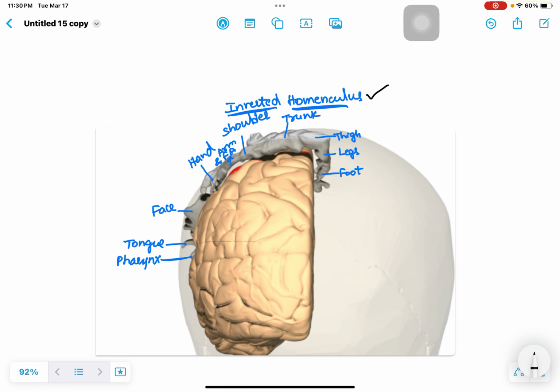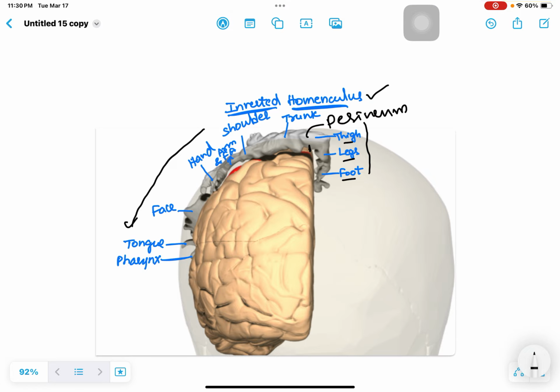Inverted homunculus means the entire body is represented upside down. First, on the medial side in the paracentral lobule, you will see the foot, legs and thighs, and on the superior border you are seeing the perineum here.